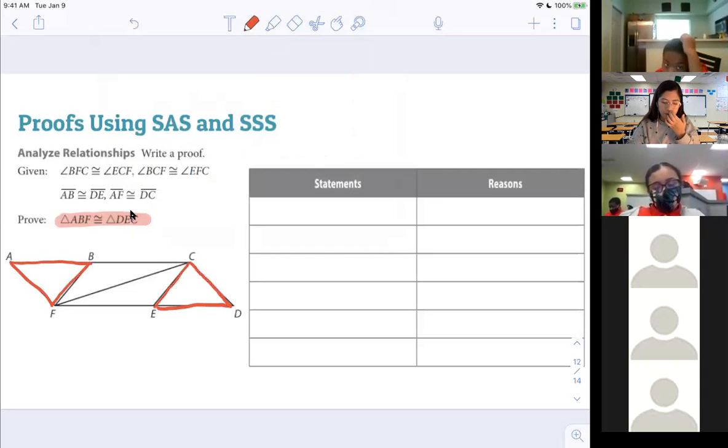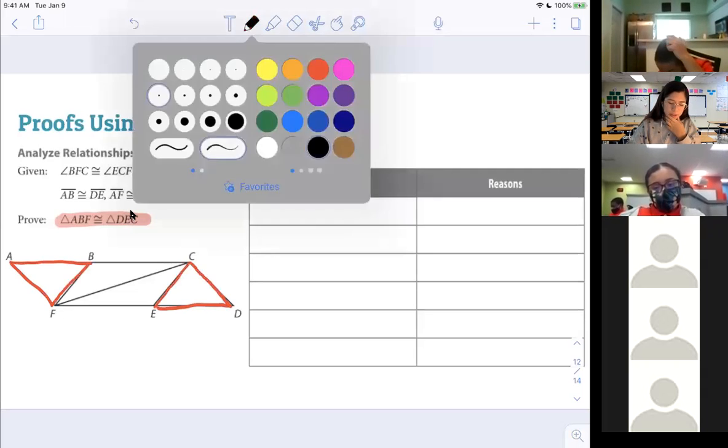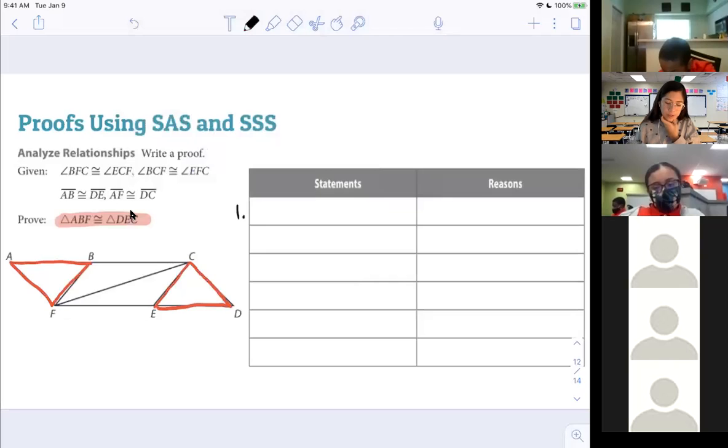So what goes in the very first box? Given: angle BFC is congruent to angle ECF, and angle BCF is congruent to angle EFC. We've got this very long thing from the top part over here.